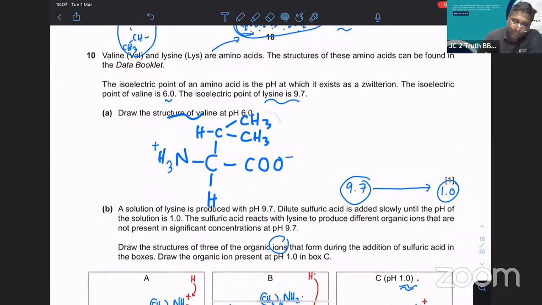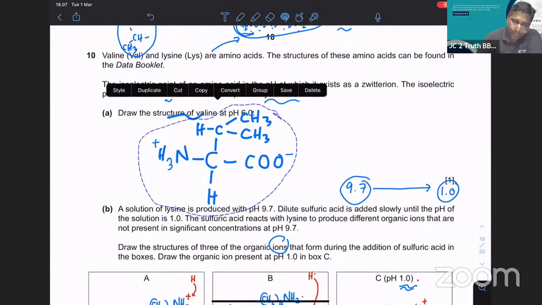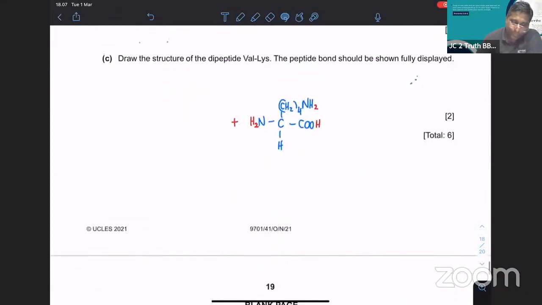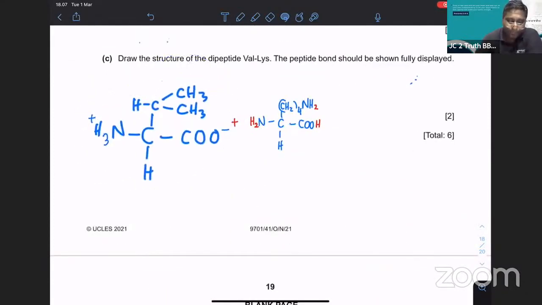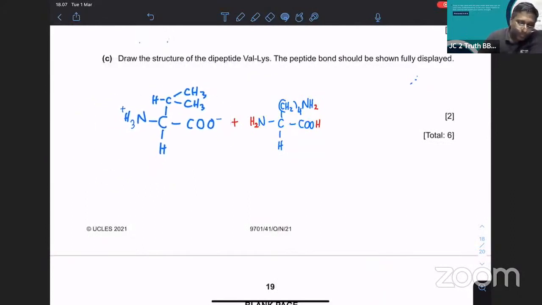I copy it here and edit a bit. So this one is COOH and H2, and then this one is CH3, so I'll just put CH3, CH3.